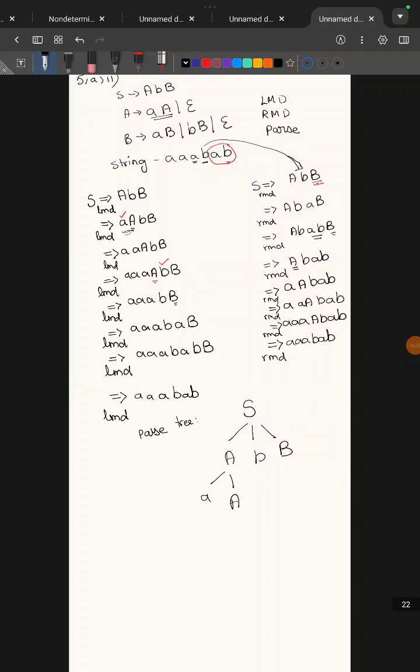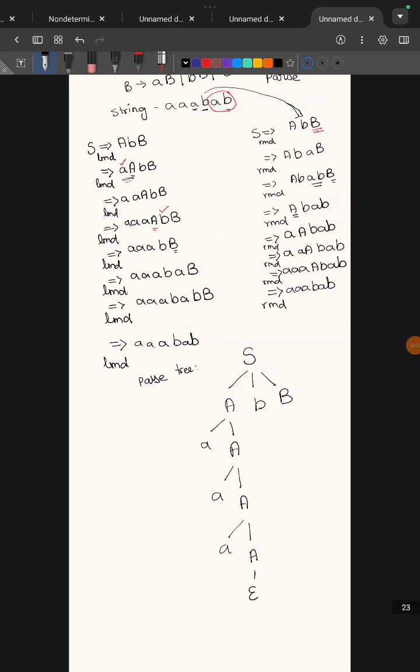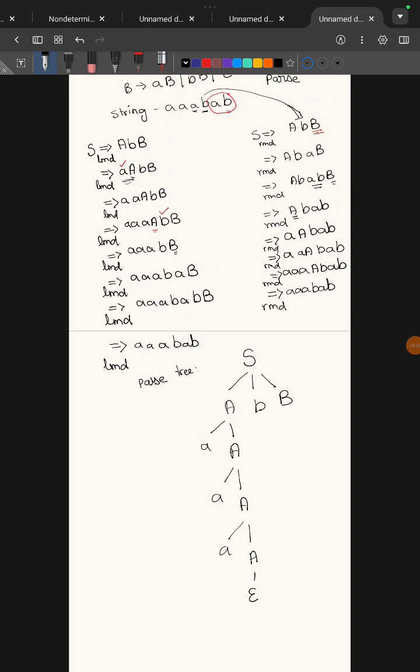In the next step also we have replaced a small a followed by variable A till we get the 3A symbol before our B. We have done the same. After we have reached the 3A's, we have replaced with epsilon, right? Now we got this 3A and the B part. What is remaining? AB is remaining.